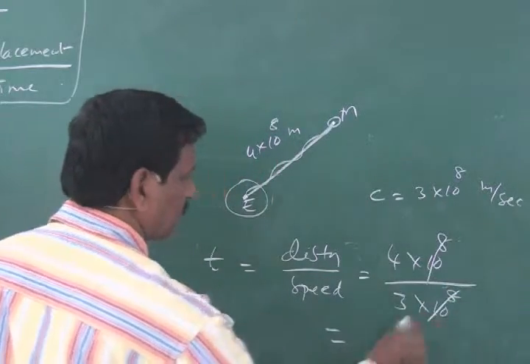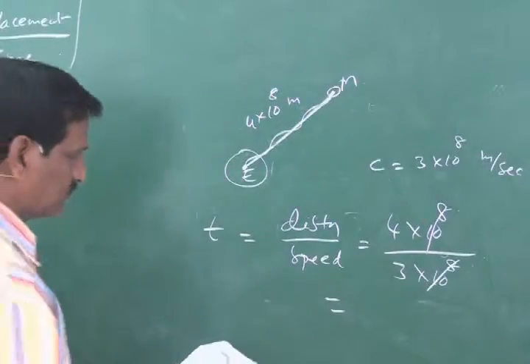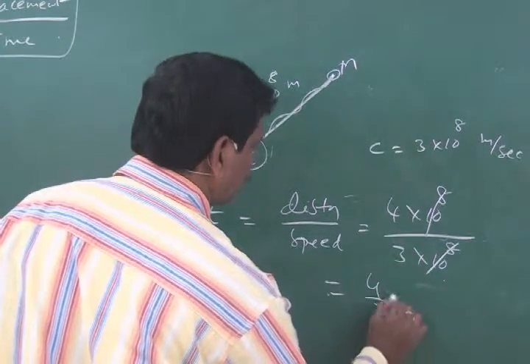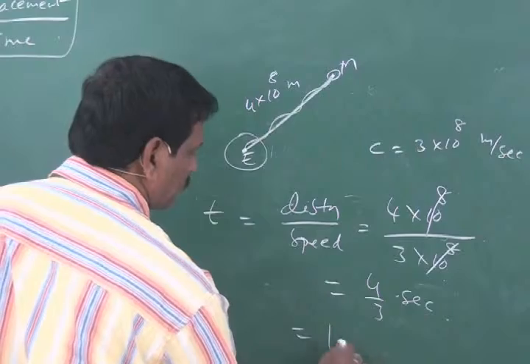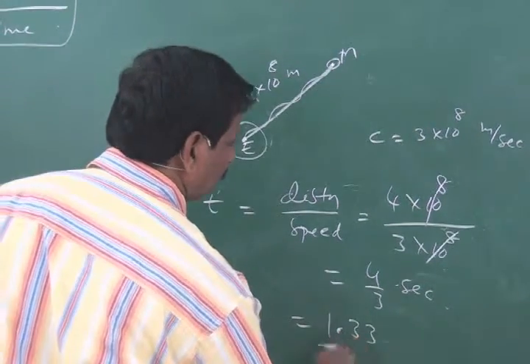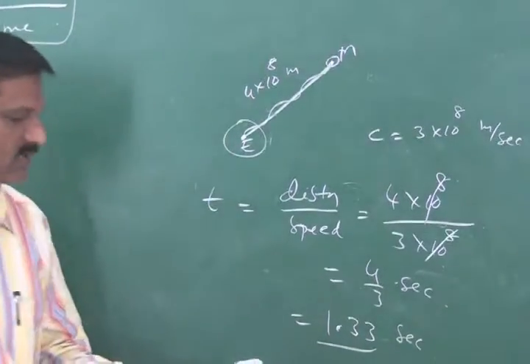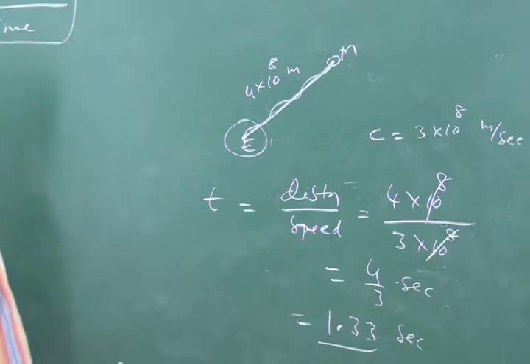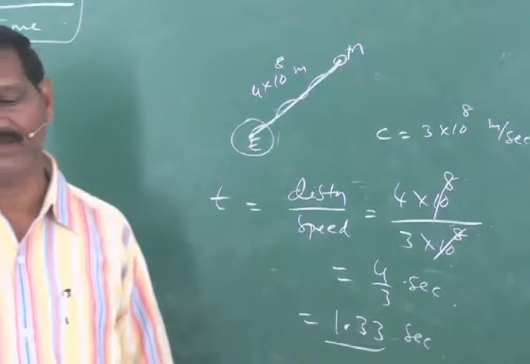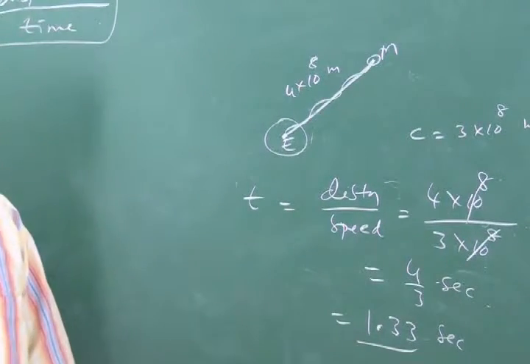The 10 power 8 cancel, then 4 by 3 second, or 1.33 second. So this is the time taken by the radar signal transmitted from the earth to reach the moon. 1.33 second is the answer.